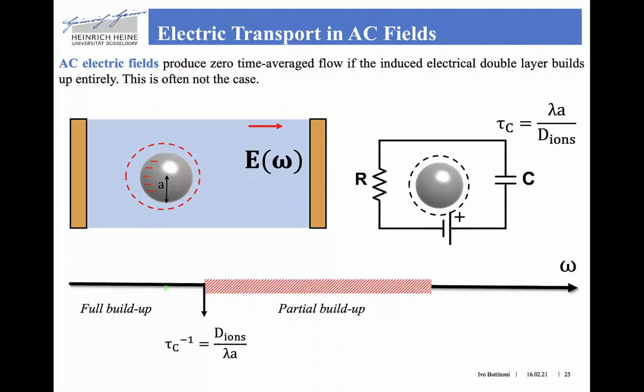On the other hand, induced charge electrophoresis and induced charge electroosmosis work in an AC field if the operating frequency is larger than this tau c to the minus 1, but at the same time it has to be not too large, so that our electric double layer doesn't build up at all.